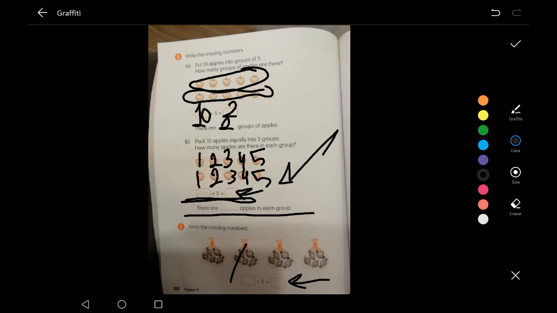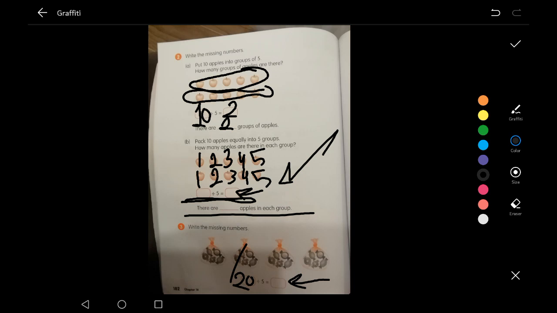So we have to write the total number of elements that we divided among the groups. So what's the total number? Here we have 20 sweets. We shared it equally, 5 sweets in each group.